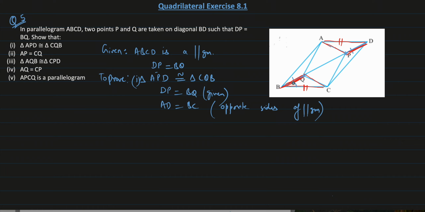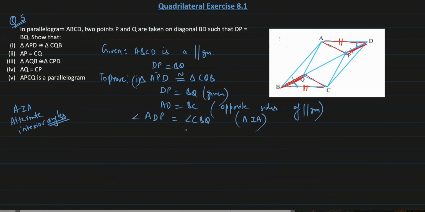Then what will I use? I'll use the angle between the two sides. So what is that angle? Angle ADP equals angle CBQ. What is the reason for that? Alternate interior angles. AIA is the short form of alternate interior angles.